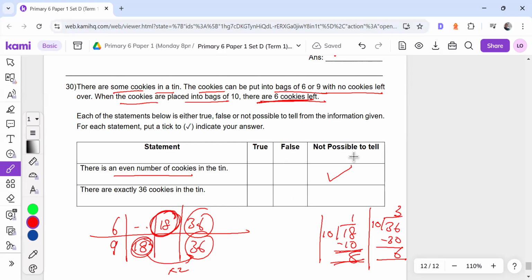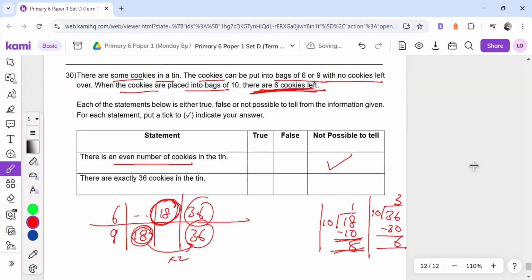If you have 36, then there'll be 6 cookies left. So we are not sure how many cookies inside. That's why not possible to tell. Cedric, Travis, you understand, Travis? Okay. So don't just take 18 and divide by 10 and, oh, cannot, then you put false. You have to test a bit more. Like there are exactly 36 cookies in the tin.